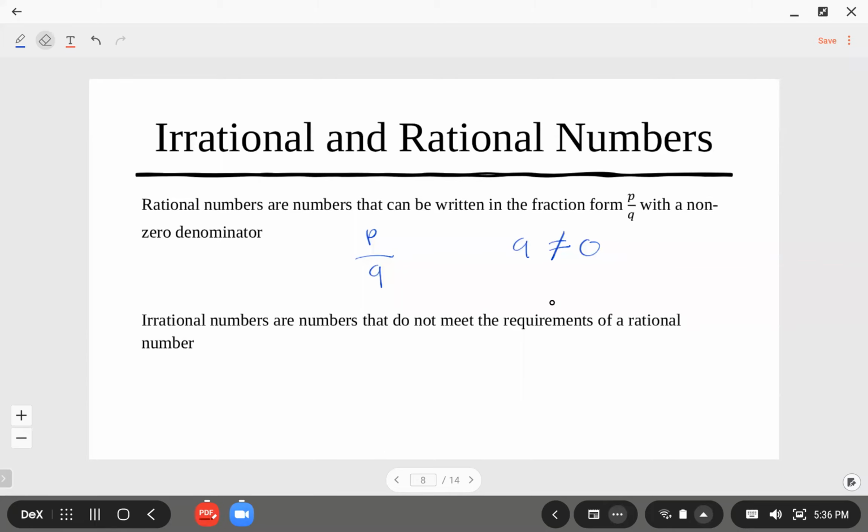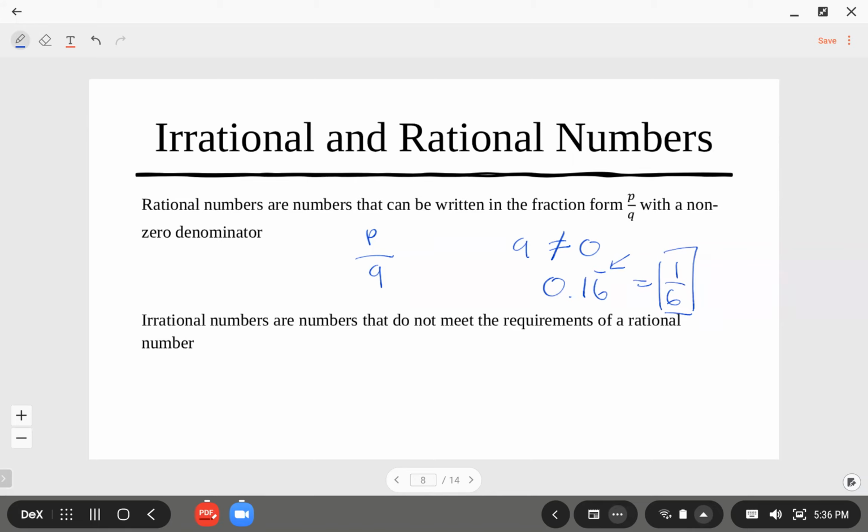Well, 0.16 with the repeating sign over the 6 actually equals 1 over 6, right? And 1 over 6 is a fraction, and it meets the requirements of a rational number, right? So actually, these kinds of decimals are, in fact, rational numbers.